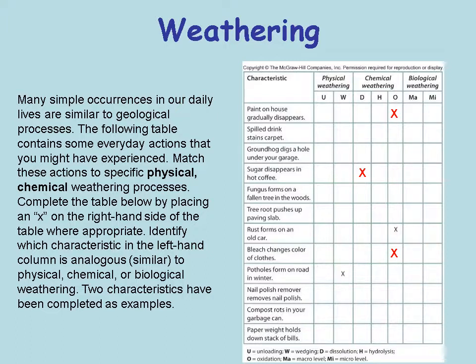Bleach changing the color of clothes would be an example of oxidation, chemical weathering. Potholes on the road in winter would be an example of wedging. And nail polish remover removing nail polish would be an example of dissolution.